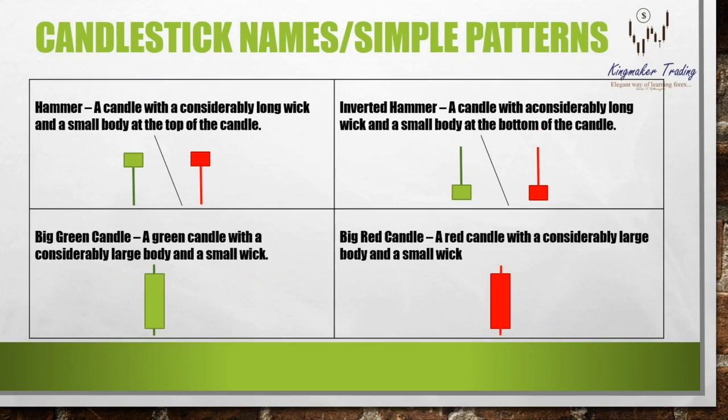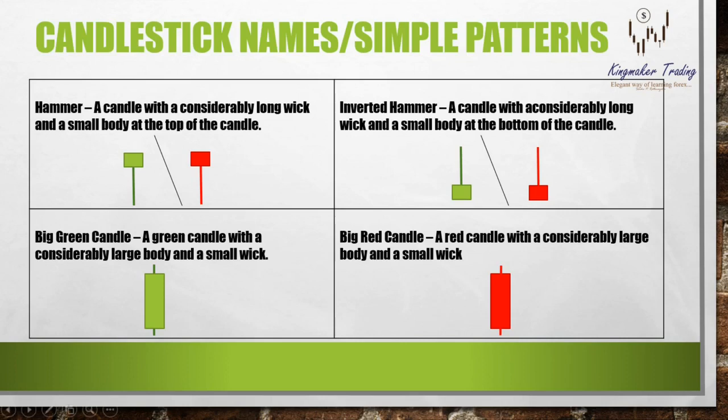Next one is hammer, a candle with a considerably long wick and a small body at the top of the candle. You can see these candles in the pictures as well, and these are more similar to the dragonfly dojis, and these candlesticks are also indicating buyers present at that time in the market.